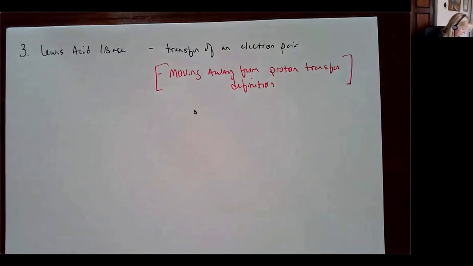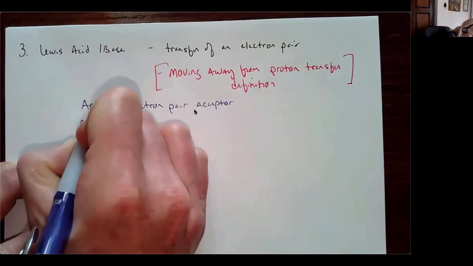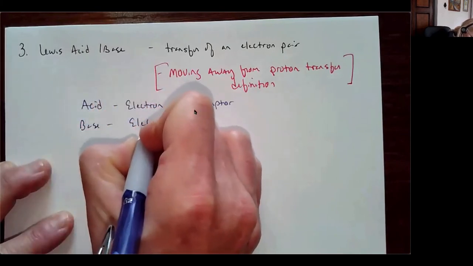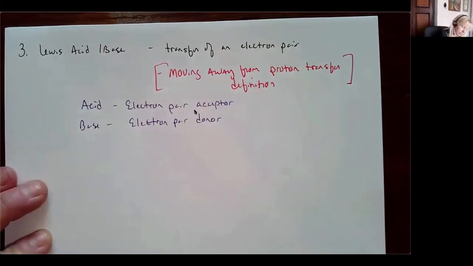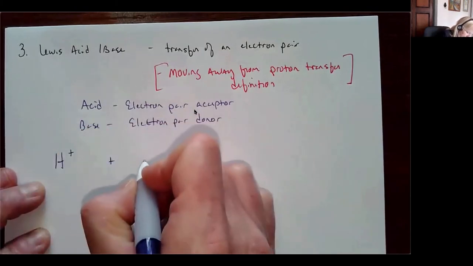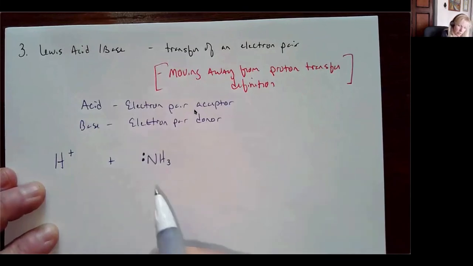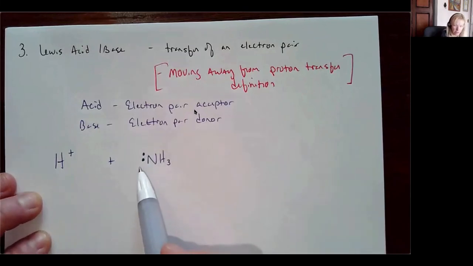I'm going to define a Lewis acid as an electron pair acceptor, and my base is going to be an electron pair donor. Let's say I take hydrogen ion and I react that with NH3. NH3 has a chemical structure where there's a lone electron pair on nitrogen.